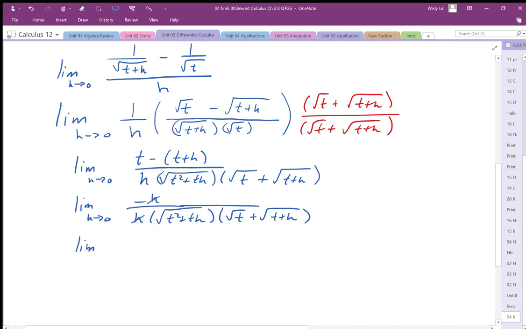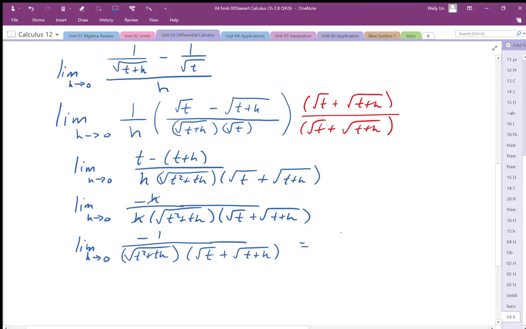So I'll write one more limit as h approaches 0, negative 1 over square root of t squared plus th. Okay, the h is going to be 0, so that's just going to end up being square root of t squared. And here I'm going to end up with square root t plus square root t plus h. Again, this h is going to go to 0, so I can then combine those like terms.